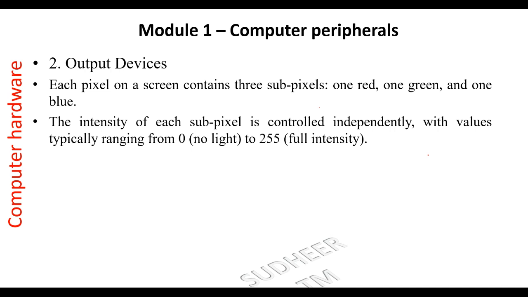If the intensity is 0, if the electrical pulse amplitude is 0, that means that pixel is off. If you set the intensity at 255, that pixel is illuminating with its maximum intensity. So 0 means that pixel is off, and 255 means it is fully on, at its maximum intensity.